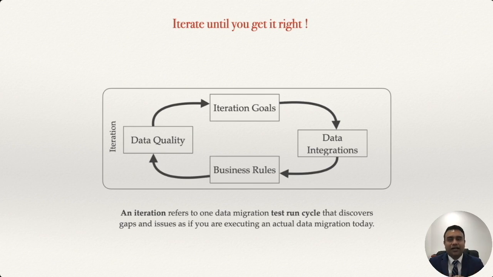From one iteration to the next, you will discover new data quality issues, gaps in mapping, downstream integration showstoppers, and the introduction of new target attributes, which will result in new business rules. Tracking what has been achieved so far and what is left for the next iteration is essential for measuring the data migration progress and setting tangible goals for the next iteration. Therefore, it deserves a dedicated component in my framework, and I will shed light on measuring and planning test iterations for data migration in this session.